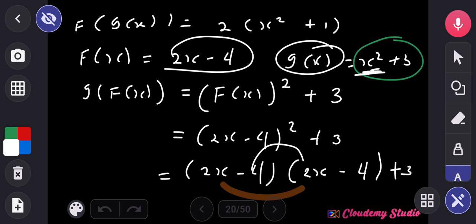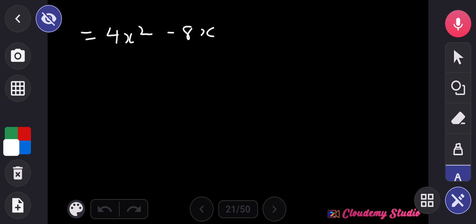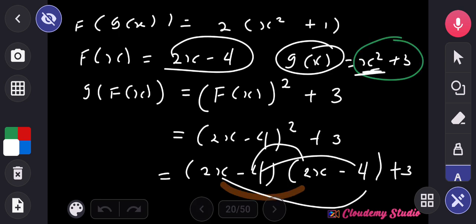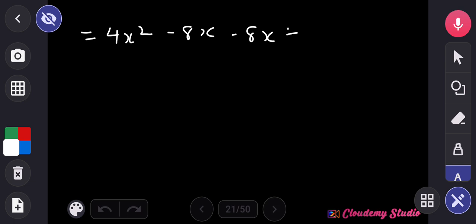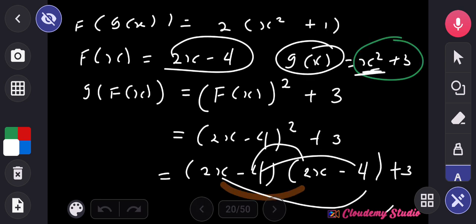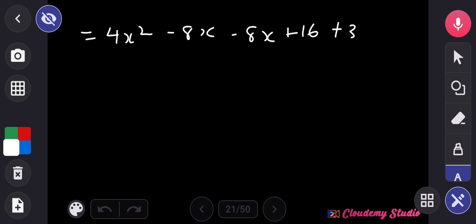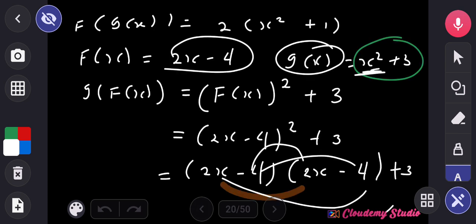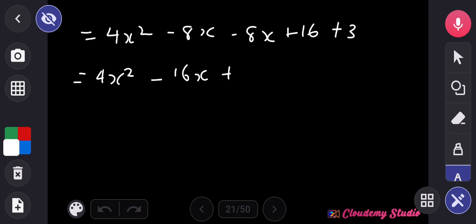Then 2x times minus 4 is also going to give us minus 8x. Then minus 4 times minus 4 is going to give us plus 16. Then plus 3. So that will be equal to 4x squared minus 16x, then plus 16 plus 3.